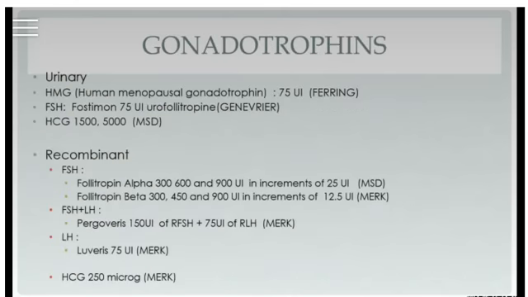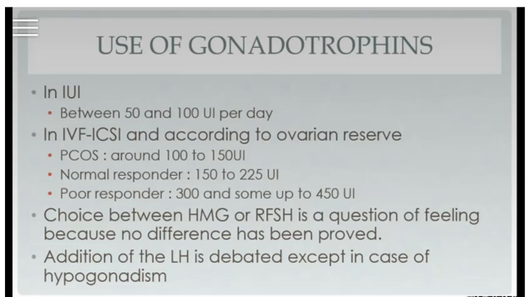So, basic treatment. Here is a reminder of different kinds of gonadotrophin, urinary gonadotrophin or recombinant. You know that because De Ziegler spoke yesterday about that. Here's a reminder of different use. In IUI, between 50 and 100 units per day.